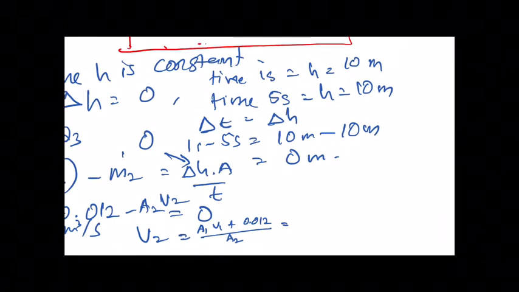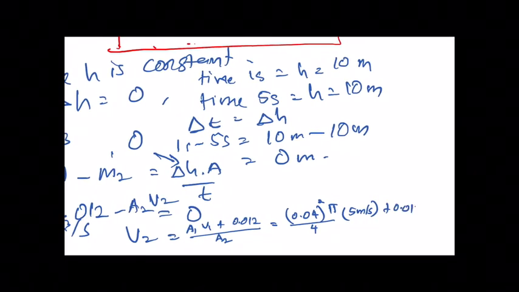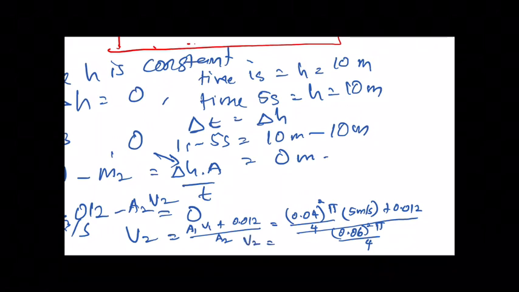A1 is equal to 0.04 meter, the diameter, squared, times pi over 4, the area at location 1, times 5 meter per second, velocity at point 1, plus 0.012, and then divided by A2. A2 is given to us, the diameter is 60 mm, so make sure it's in meter, so you write it as 0.06 squared, times pi over 4, then you can have V2 equal to how many meter per second. You calculate by yourself.